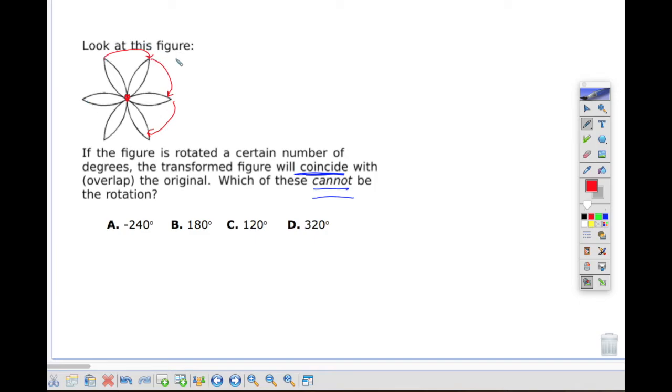There's 6 different ways to turn it onto itself. So what we need to do is 360 divided by 6. That tells me that every 60 degrees it is going to be mapped back onto itself.